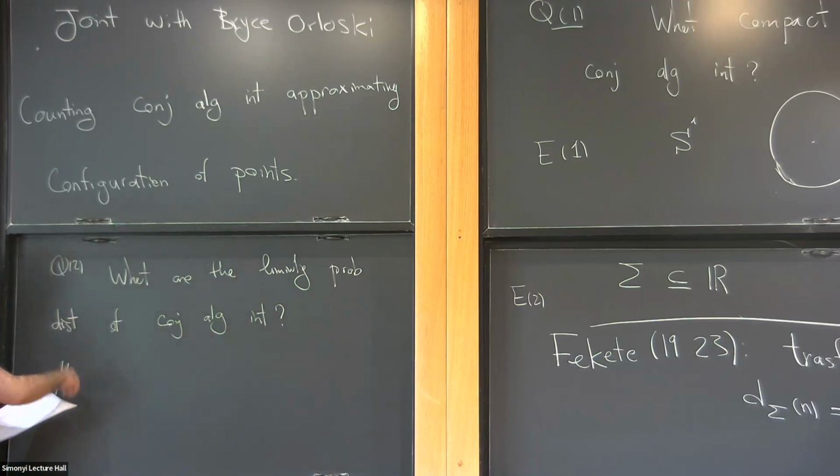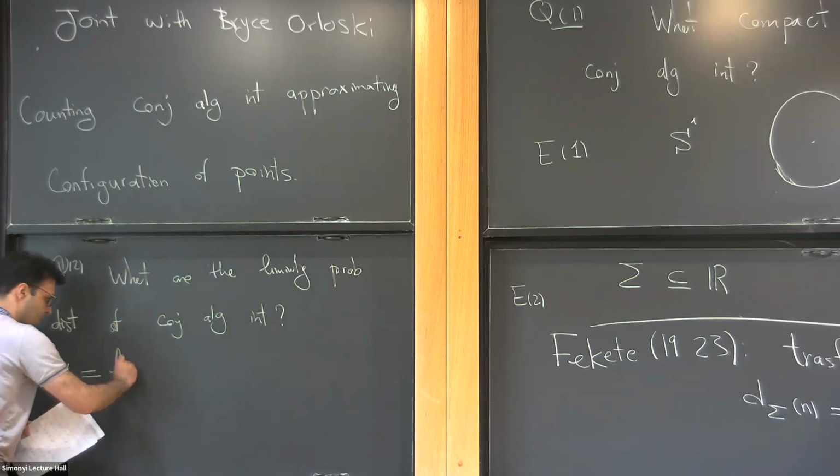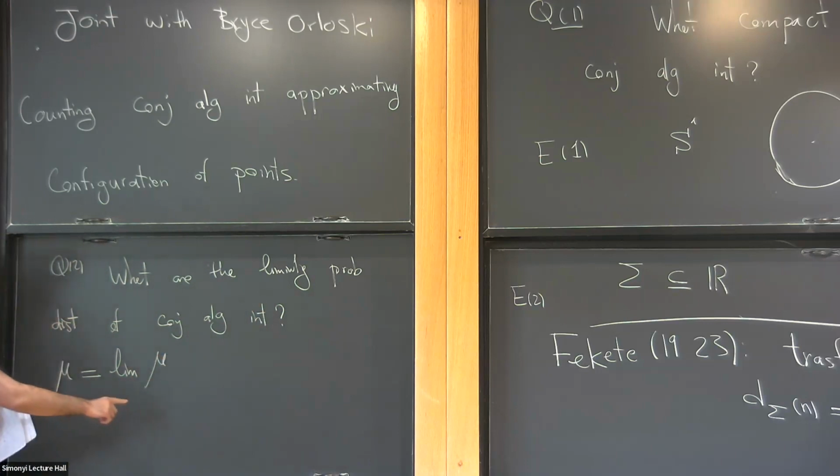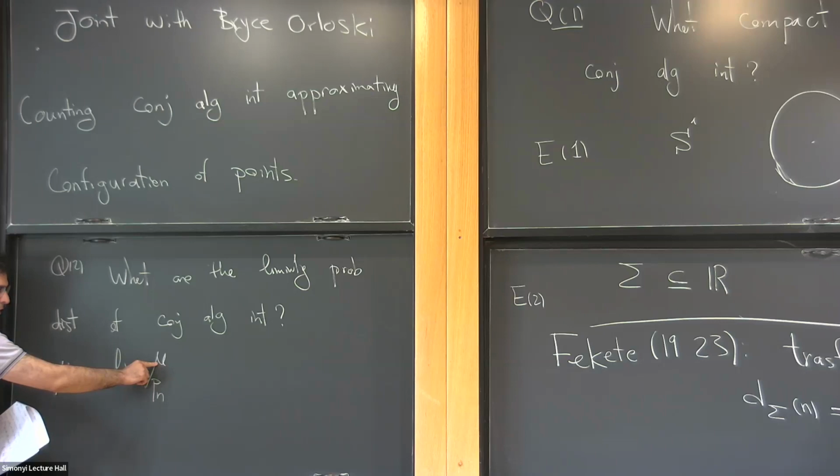So we say mu is a limiting measure if mu is equal to the weak limit of. Here I define some notation. If I write mu sub P for a polynomial, it means the root distribution of the polynomial, which is the following.